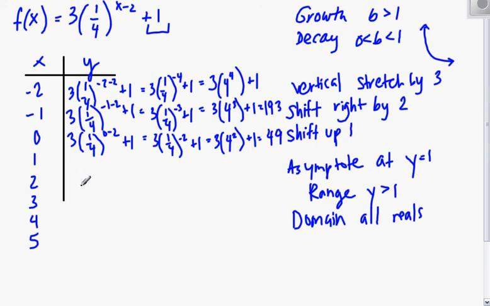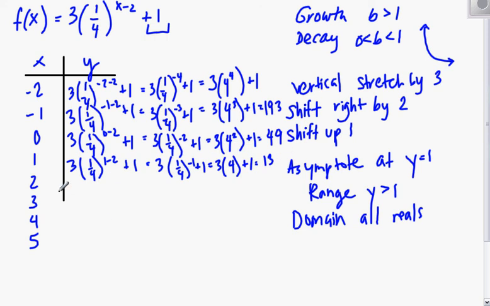And then I have 1, so 3 times 1/4 to the 1 minus 2 plus 1 is 3 times 1/4 to the -1 plus 1, which is 3 times 4 plus 1, which is 13.